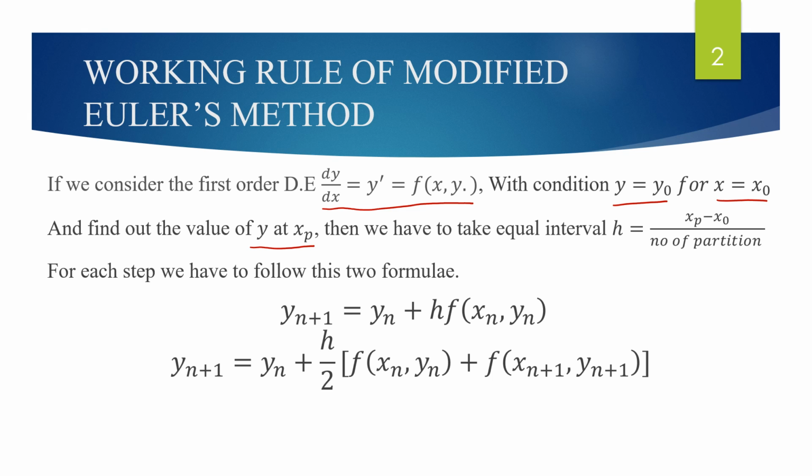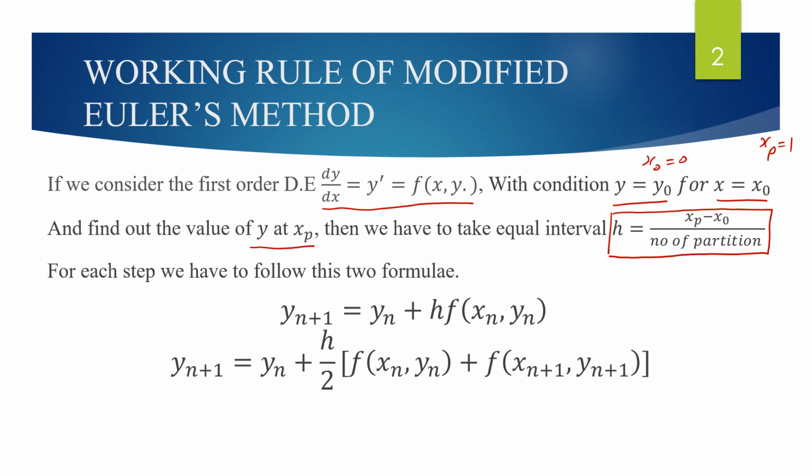Then we first take the interval h, which is equal to (xp - x0) divided by the number of partitions. Suppose x0 is equal to 0 and we have to find the value at xp equal to 1.